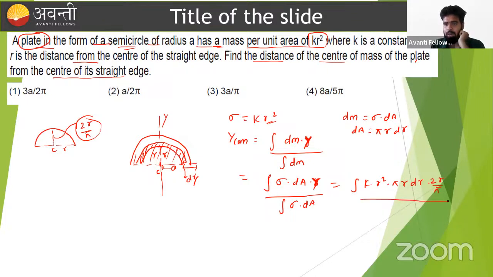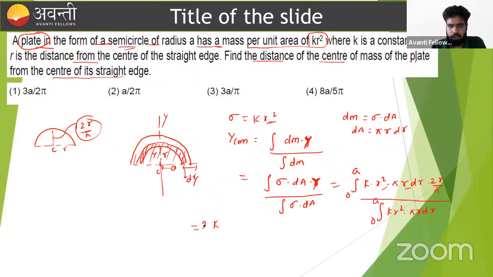Divided over, put the value of sigma here: k r squared pi r dr. What is the range of limits? Lower limit from the center, 0, upper limit a. If we solve this, what do we get here? k, and r squared, r and r, so this will become 2 plus 1, 3, plus 1, 4.